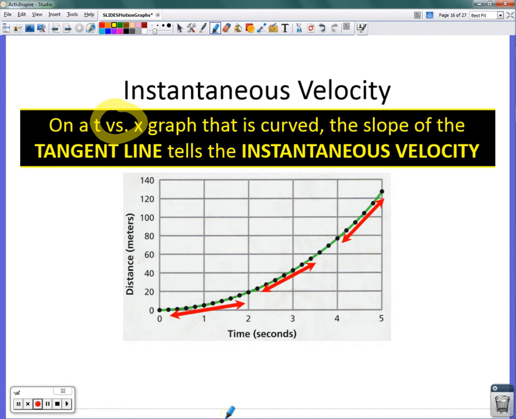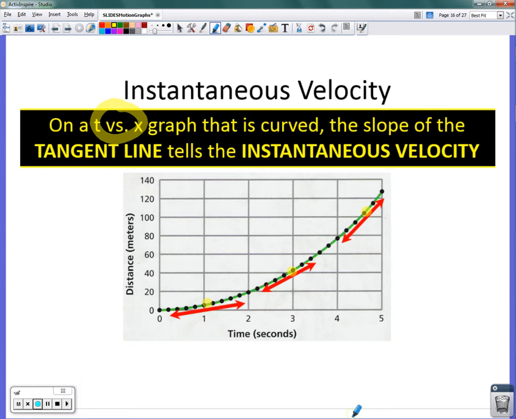But know that if we did figure out the slope of this red line, or this red line, or this red line, that would give us the instantaneous velocity, or the velocity at time 1 second, because that's where that line is tangent to the graph, or 3 seconds, if that's where that one is tangent to the graph, or 4.75 seconds, if that's where that one is tangent to the graph.